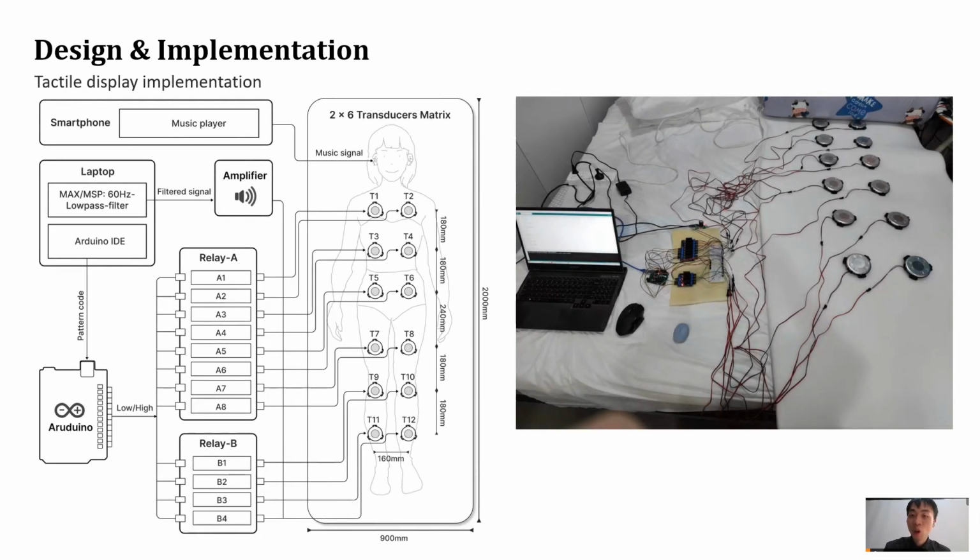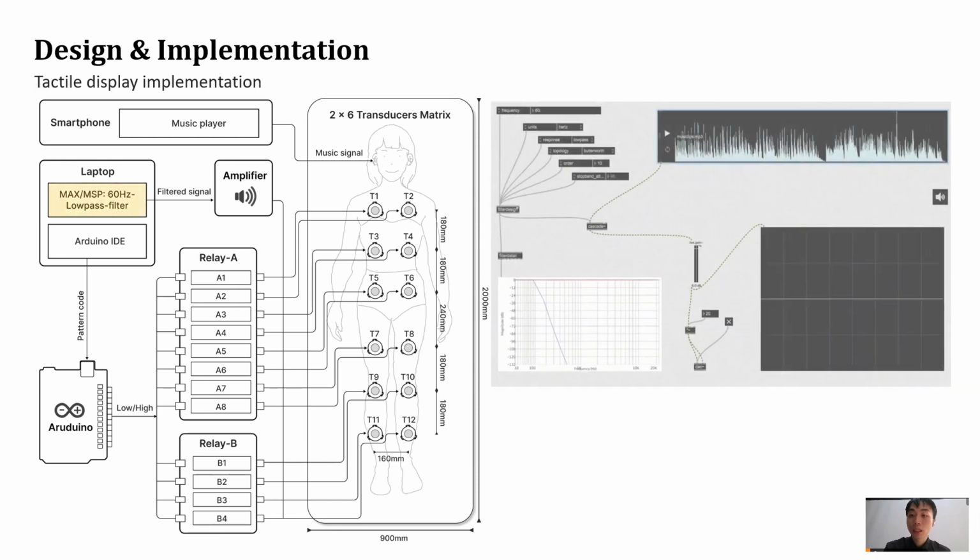Then, we made an audio-tactile display device that was able to transform the music signal into perceptible vibration and present these spatial temporal patterns. In this prototype, the music signal was converted into vibration through a 10th order Butterworth low-pass filter in Max/MSP.